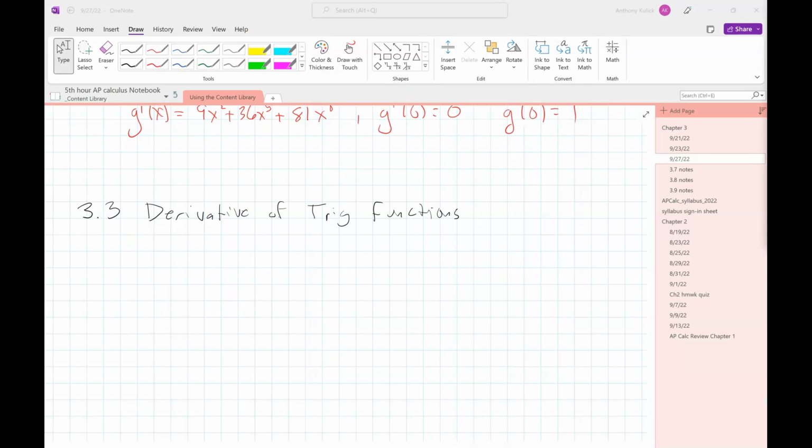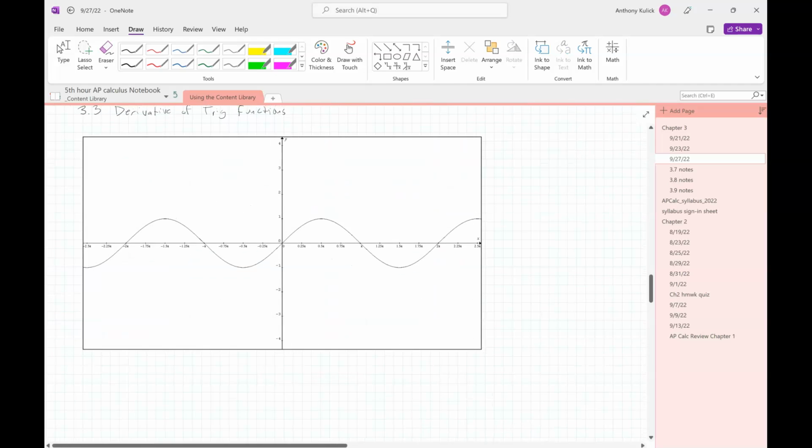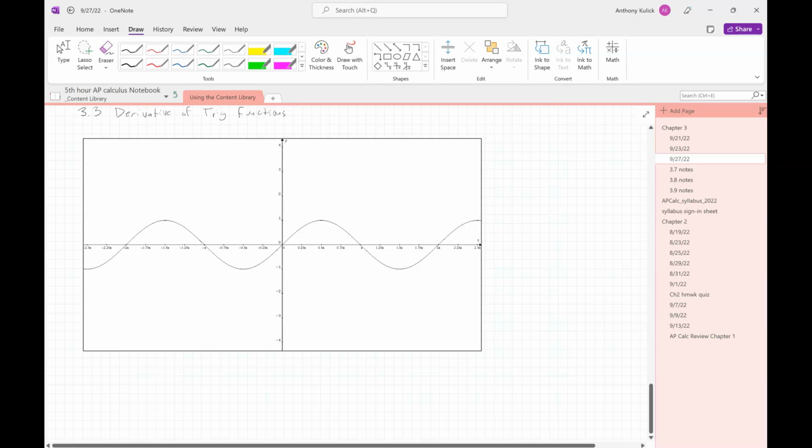So in section 3.3, we're going to be talking about the derivatives of trig functions. Let's say we look at the graph of y equals sine x.